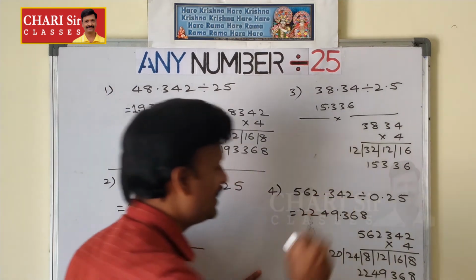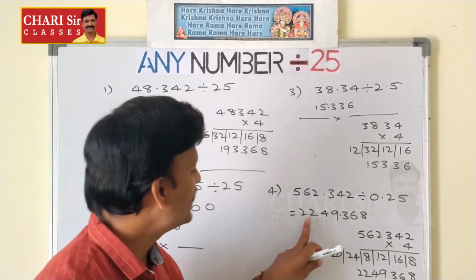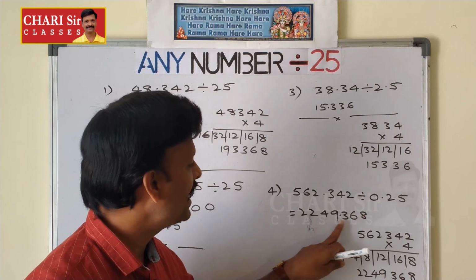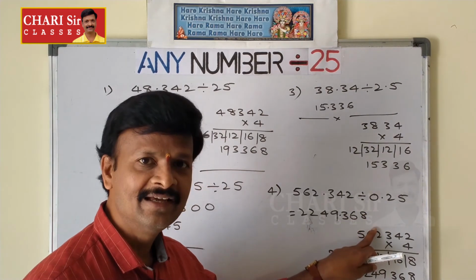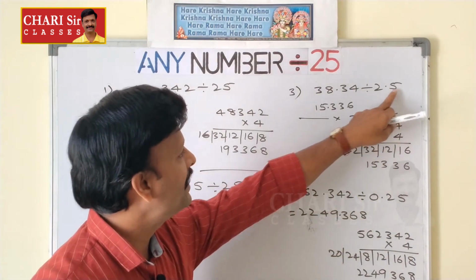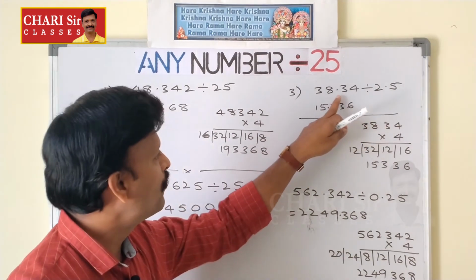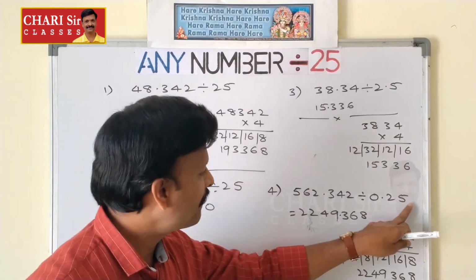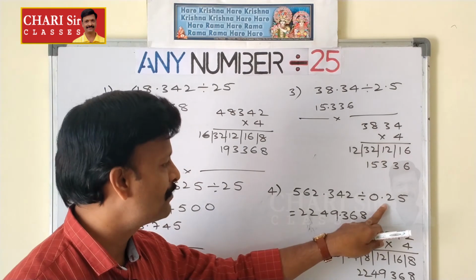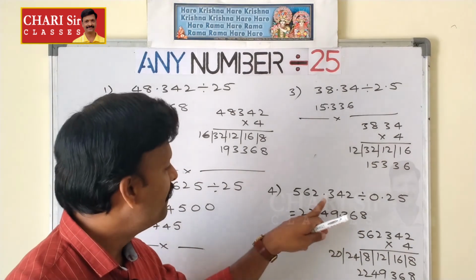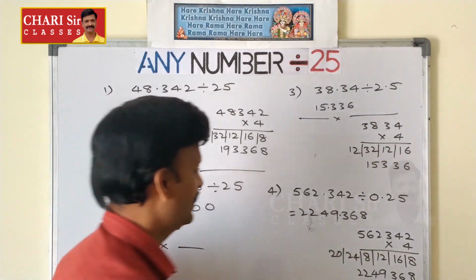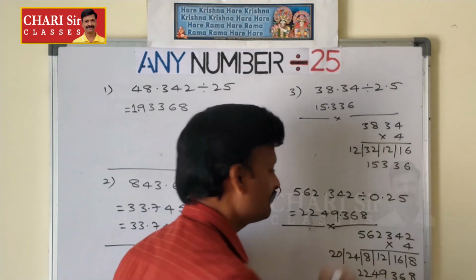So here you can place the decimal point. Means the answer is 2249.368. So when after 1 digit there was a decimal point, here we moved only 1 digit this side. But here after 2 digits from the right hand side there is a decimal point. We don't move anywhere. Wherever it is, there we put it here. This is your final answer.